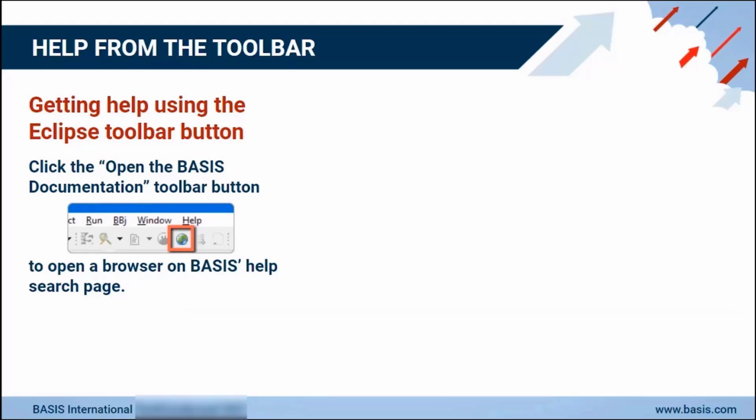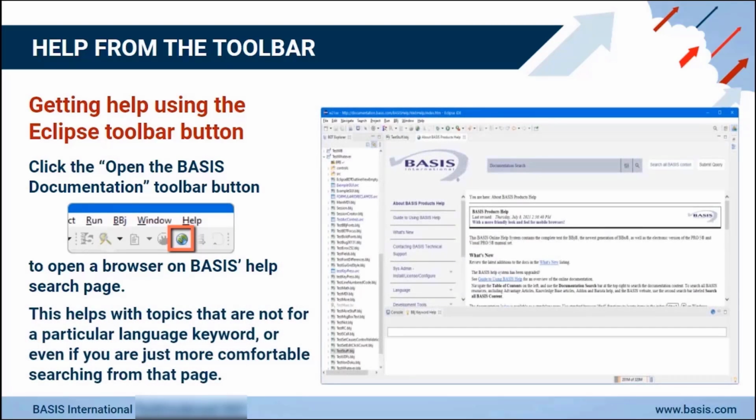If you click that button, it can open a browser on Basis's help search page. This may help you if all you really want to do is get directly to the larger full function search engine and do your work directly still inside the IDE or outside of it. But if you're just more comfortable searching from our Basis home help search page, then this is a quick way to get there. Click the toolbar button and it will open that in a browser window.